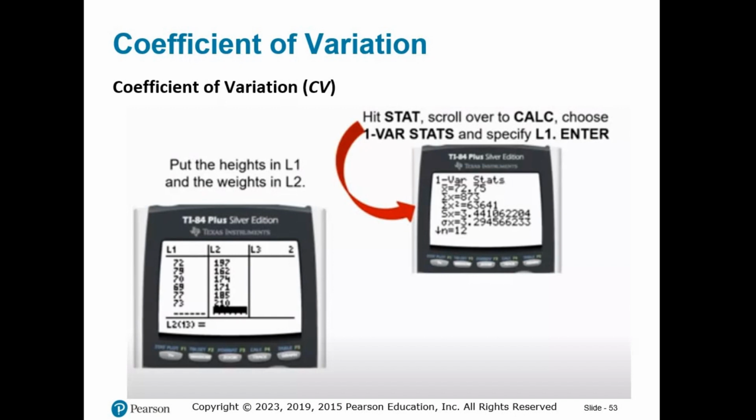After you've done that, press the Stat button, arrow over to Calc, choose one variable Stats, and specify L1 and hit Enter. You may have to press Enter more than once depending on your calculator. Note the information you need for the problem, namely the mean height and the population standard deviation. You'll need to do this for L2 for the weights also.